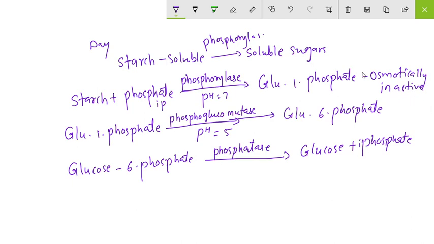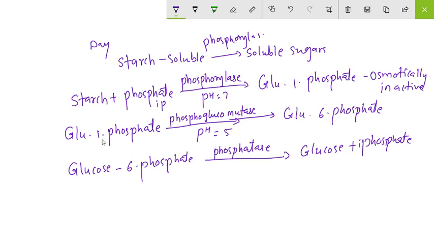That means no changes take place in the guard cells; it behaves like starch. There is no effect of the conversion of starch into glucose 1 phosphate.